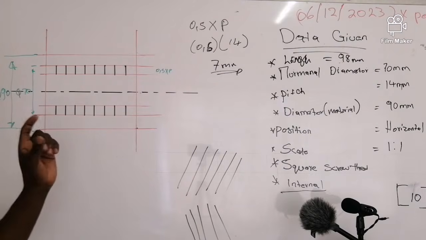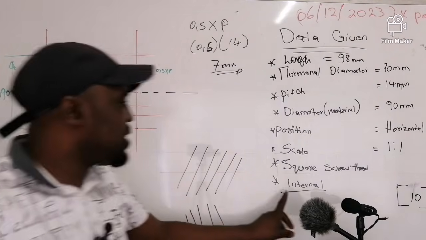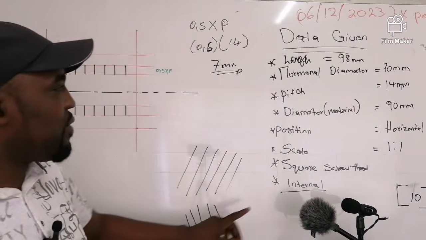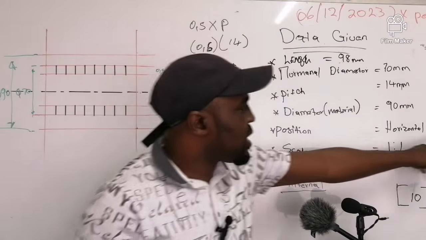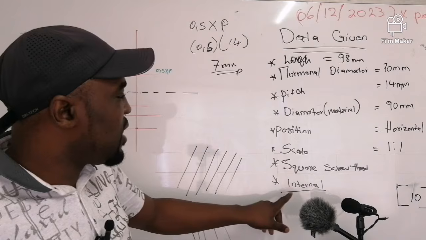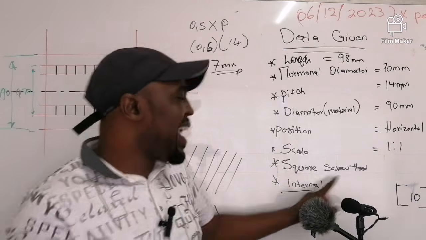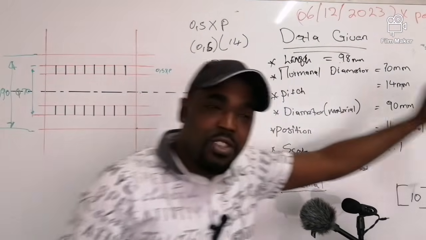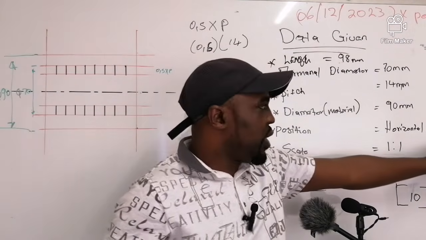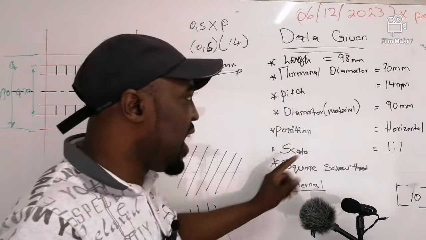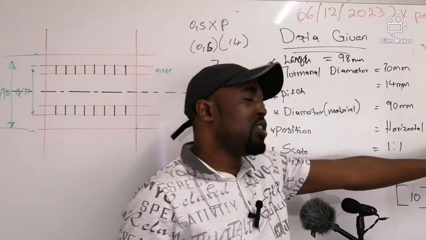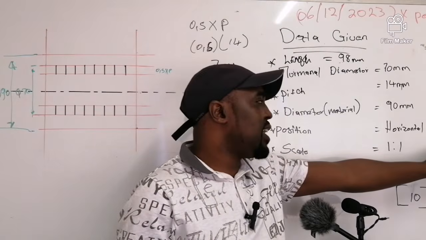So since this is an internal square screw thread, the position of each of the threads is on the right, which means our threads must land on the right position. But if they said it is an external square screw thread, your threads must land on the opposite side, which means they must land on your right hand side.